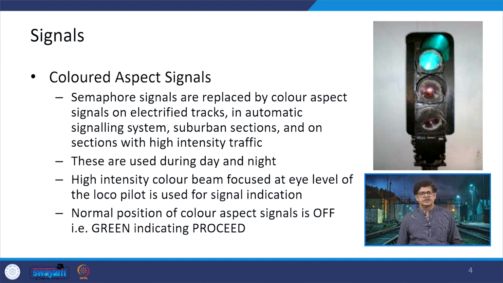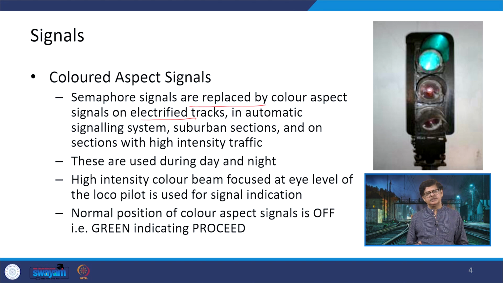Colored aspect signals are nowadays being used more than the fixed arm signals, which are the semaphore signals. Semaphore signals are getting replaced by colored aspect signals, specifically on electrified tracks. In automatic signaling systems like suburban sections and on sections with high intensity traffic, the semaphore signals have slowly been replaced by colored aspect signals.